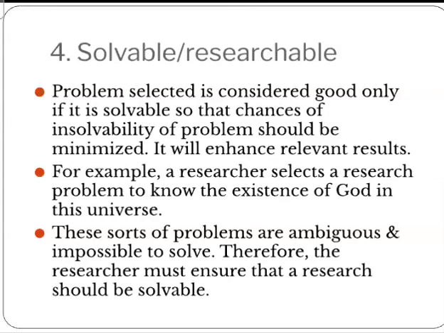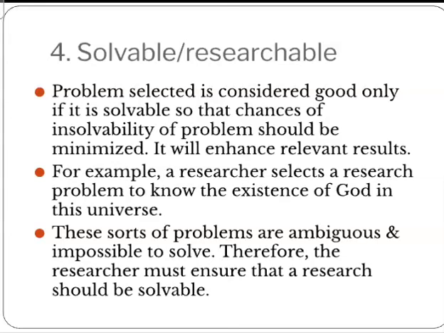And then the next criterion is solvable or researchable. You have to select a topic or research problem which is solvable. There are a lot of problems in the universe which are not solvable. For example, the existence of God in the universe is not a solvable research. If you take this as your problem statement, the end output will be very difficult.